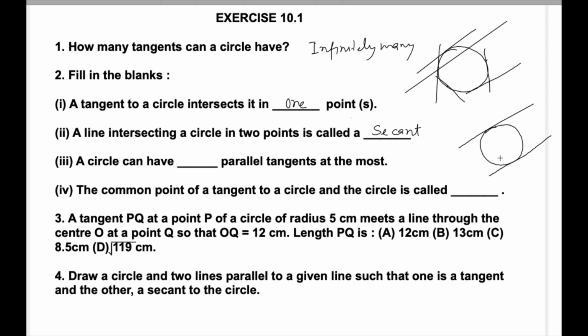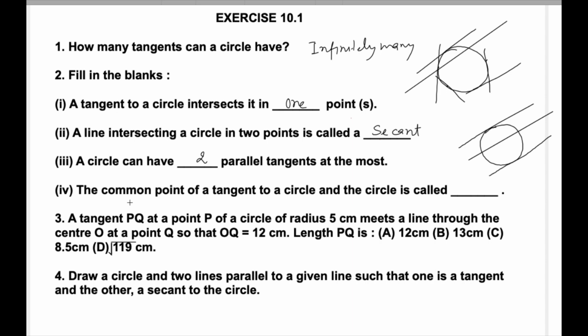Any other line drawn parallel to this will be cutting the circle in 2 points, and that will actually be a secant. If you have another line going like this, it is parallel to this line, but it is not a tangent, it is a secant, right? So a circle can have 2 parallel tangents at the most.